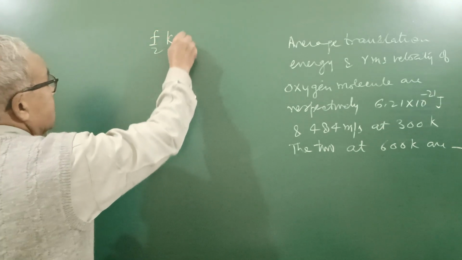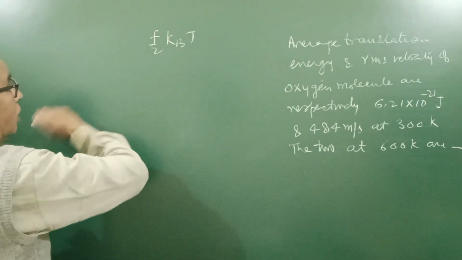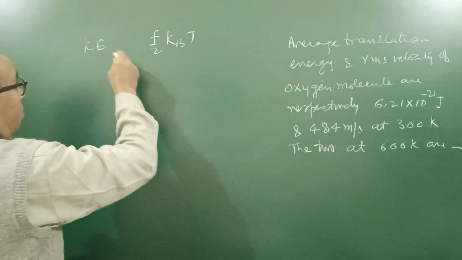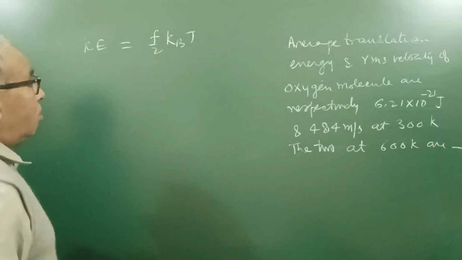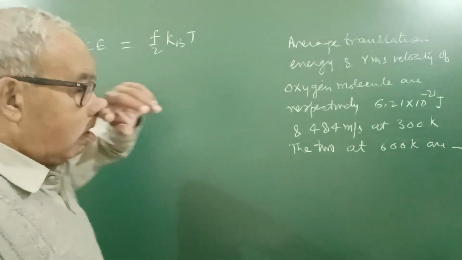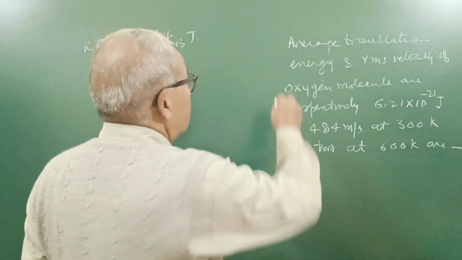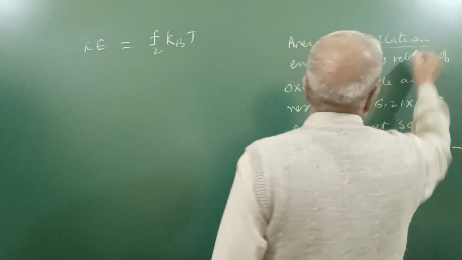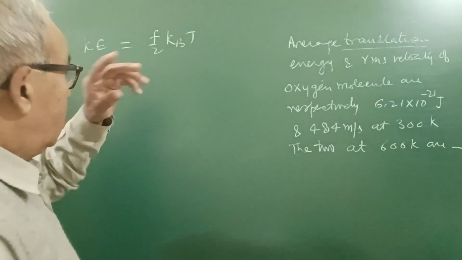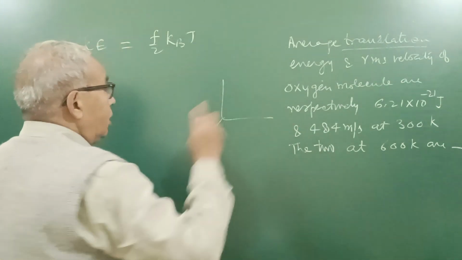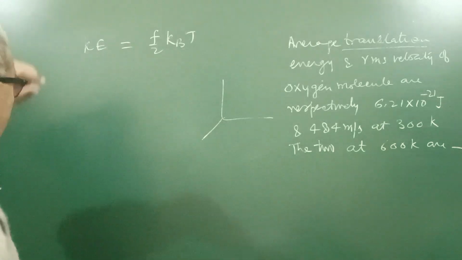Please learn this. It is total energy, kinetic energy, the sum of translation and rotation. But here it is only translation, meaning it can move along the x-axis, y-axis, z-axis, 3 degrees of freedom. So 3 by 2 kT.